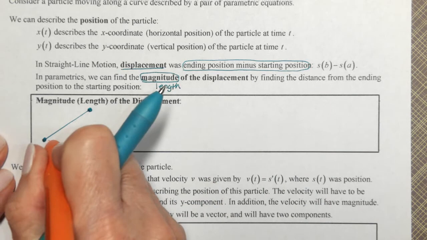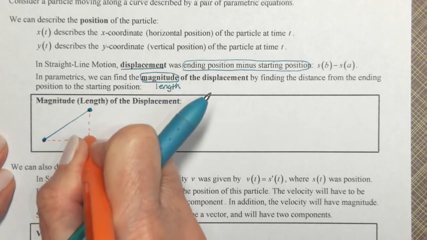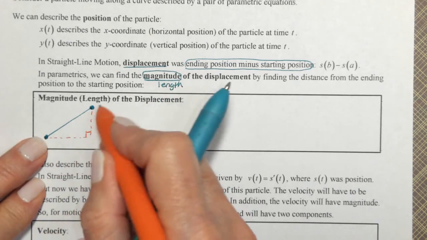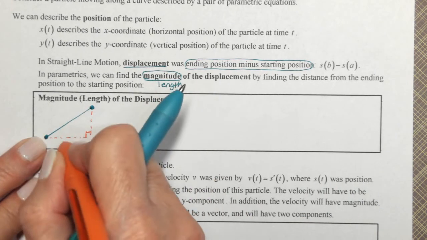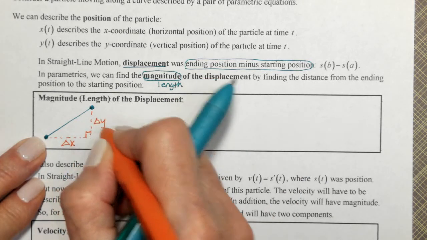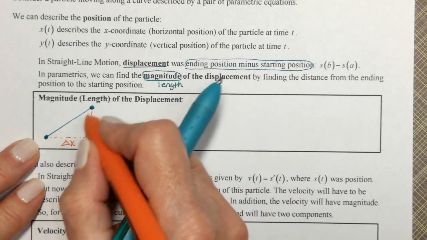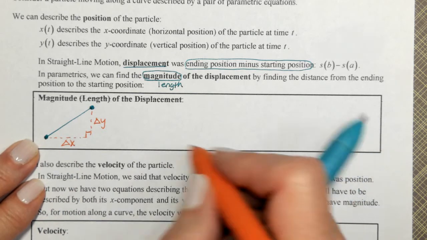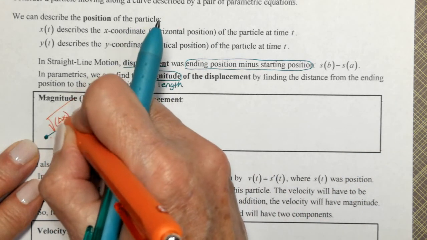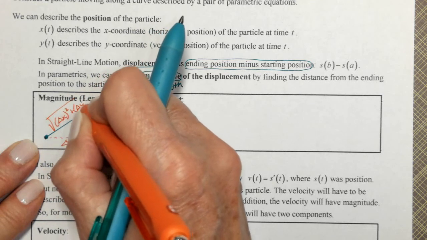Well, it's easy to do if we write the two components of that length. It's going to have change in x, it's going to have change in y. So the length of that, using the Pythagorean theorem, will be the square root of change in x squared plus the change in y squared.